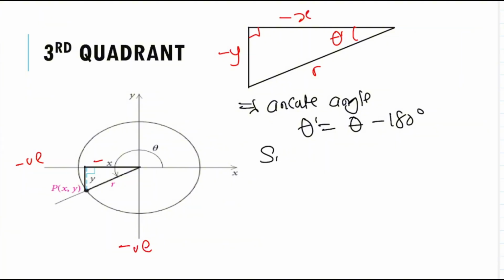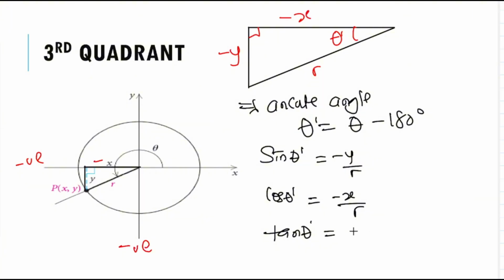Therefore sine theta equals opposite, minus y over r. Sine is negative. Cos theta prime equals minus x over r, which is negative, and tan theta prime equals minus y over minus x, which is y over x, which is positive.